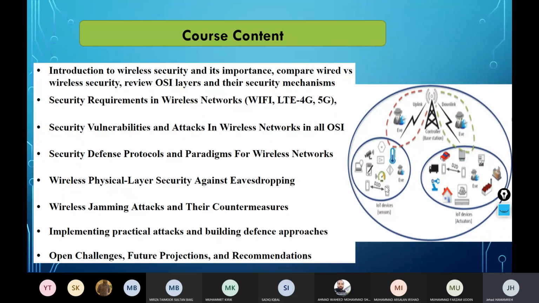So basically, you will be learning how to do the things that we will talk about theoretically, and how to not only implement them, but also how to defend against these attacks. And at the end, we will talk about the open challenges, the opportunities, the future projections, and some recommendations, which are going to be listed at the end of the course.